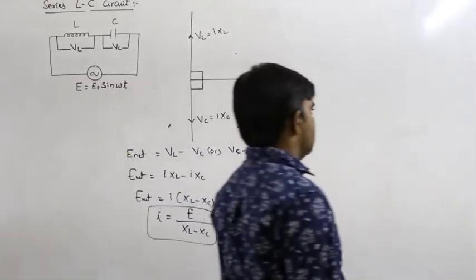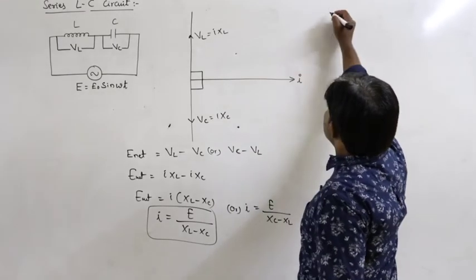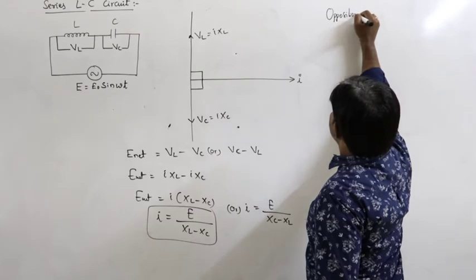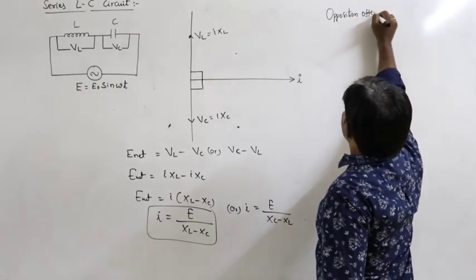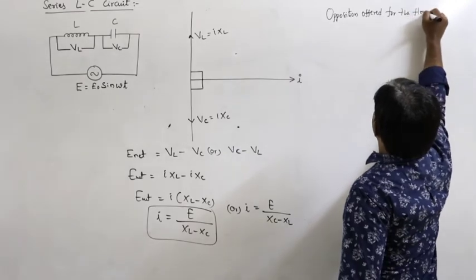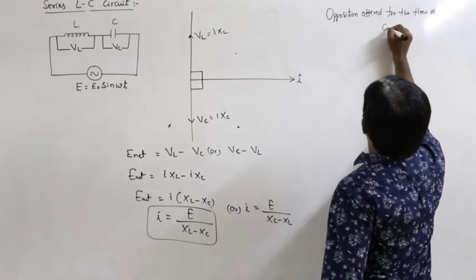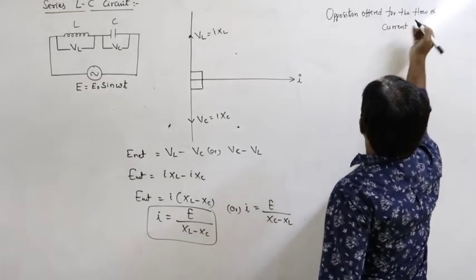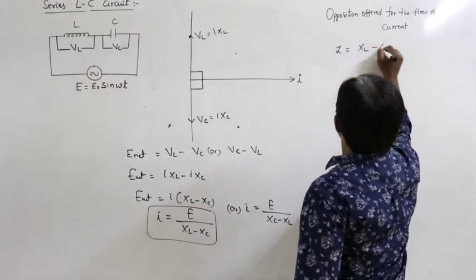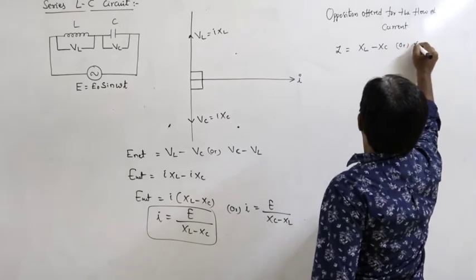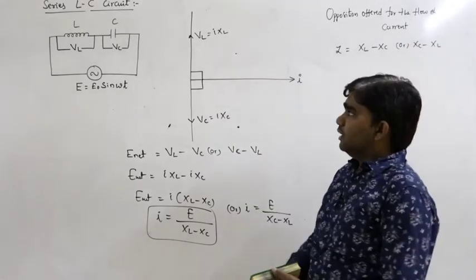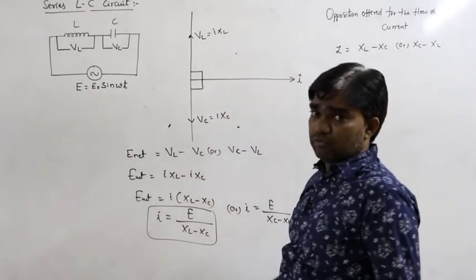Two conditions are possible. What is the opposition offered for the flow of current? That is called impedance, that is XL minus XC or XC minus XL. Either this one is more or this one is more, we do not know exactly.